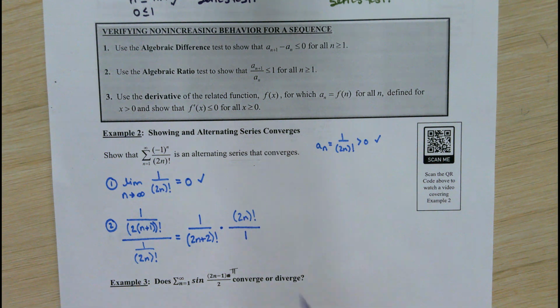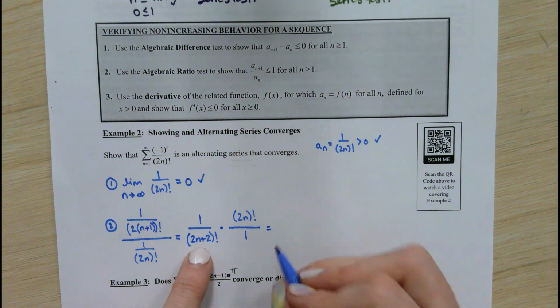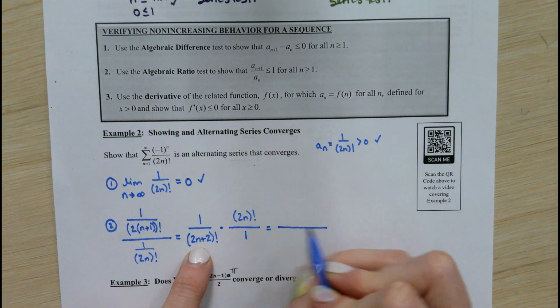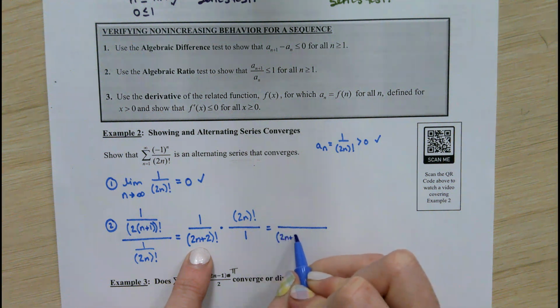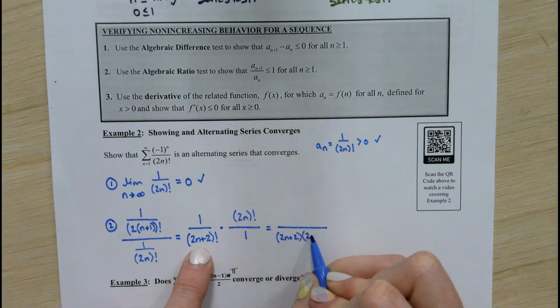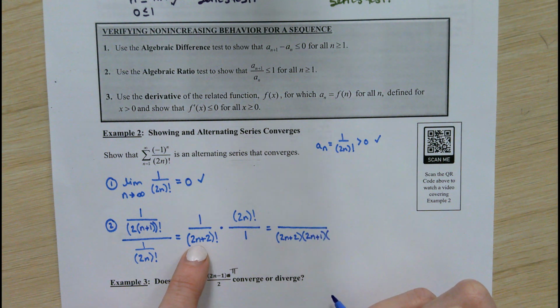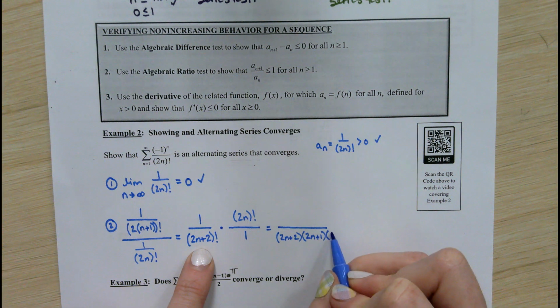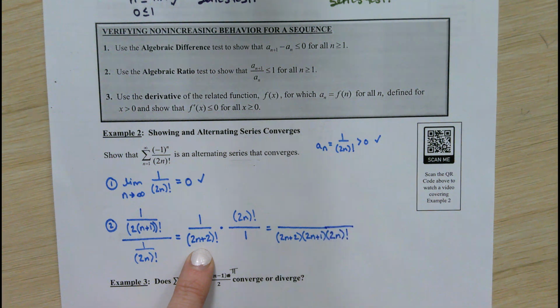Now, I don't know how much you remember about factorials, but if we start listing out terms of a factorial, we end up decreasing by 1 each time. So the first term of this factorial is 2n plus 2, and then we multiply by 1 less, 2n plus 1, and then we multiply by 1 less, which would be 2n, and then 2n minus 1, and 2n minus 2, and 2n minus 3, and we keep going, but all of those remaining terms are really 2n factorial.